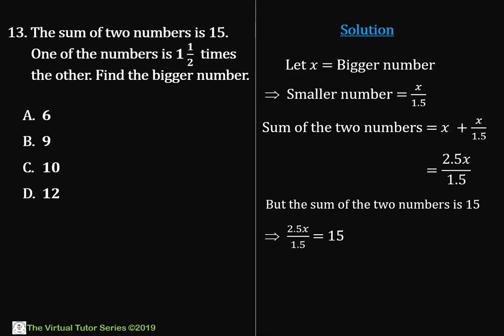Multiplying both sides of the equation by 1.5, we have 2.5x is equal to 15 times 1.5. We solve for x by dividing both sides of the equation by 2.5. That is, x is equal to 15 times 1.5 over 2.5. This results in x is equal to 9. Therefore, the correct answer is option B.